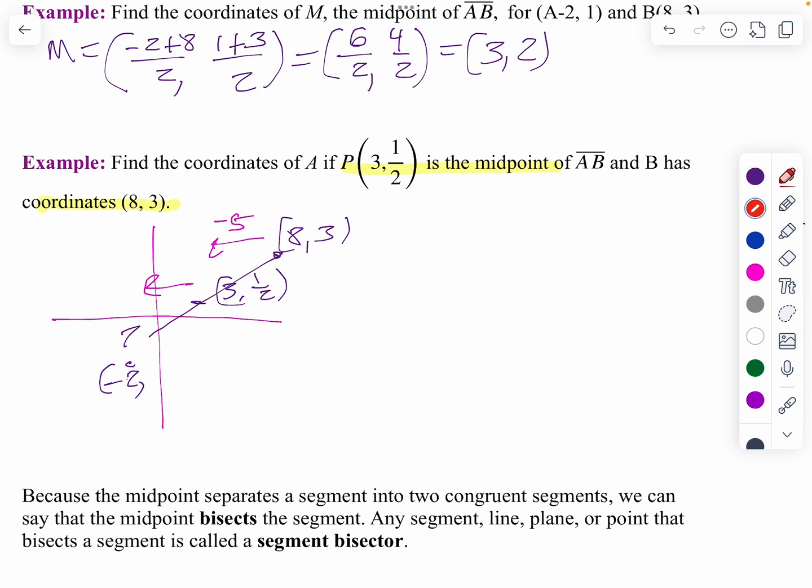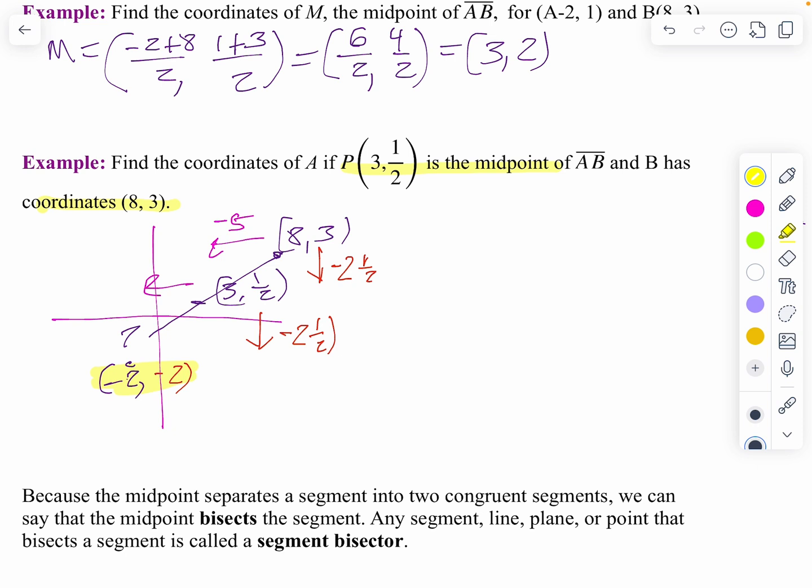I'm going from 3 to 1 1/2, so I'm going to subtract 2 1/2. I'm going to keep on subtracting 2 1/2. And 1/2 minus 2 1/2 is also negative 2. So my other endpoint is going to be (-2, -2).